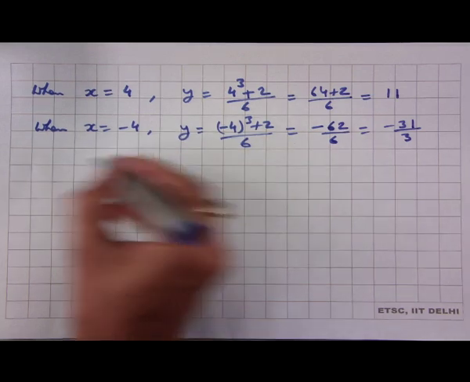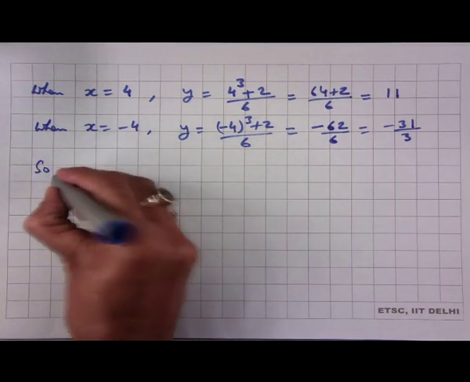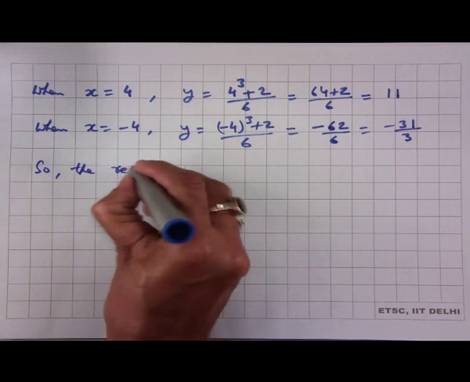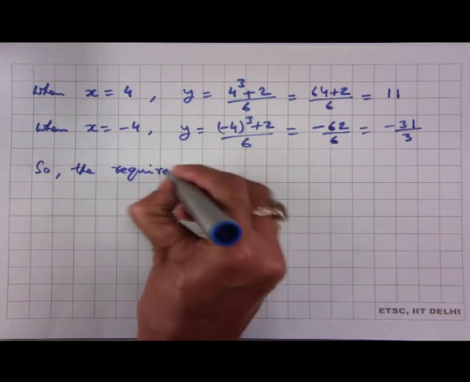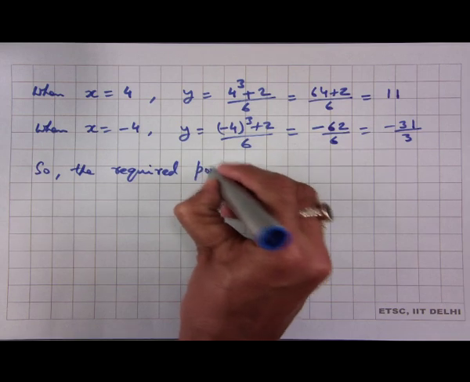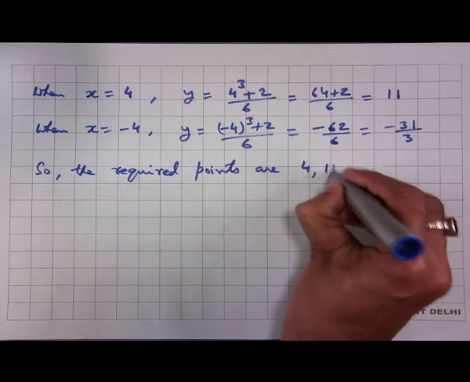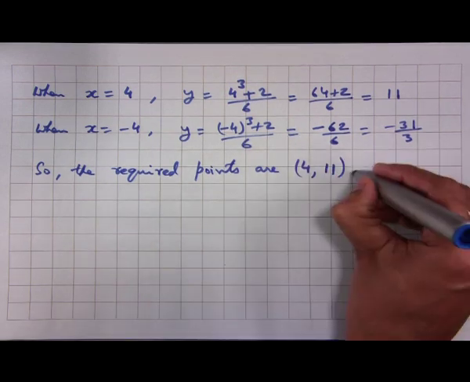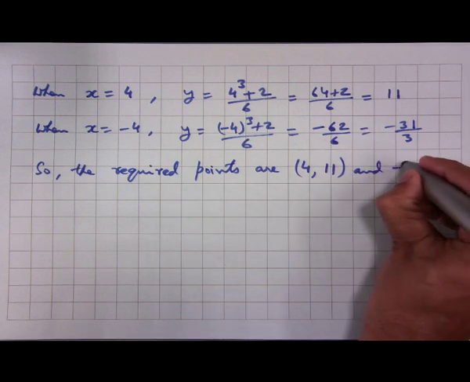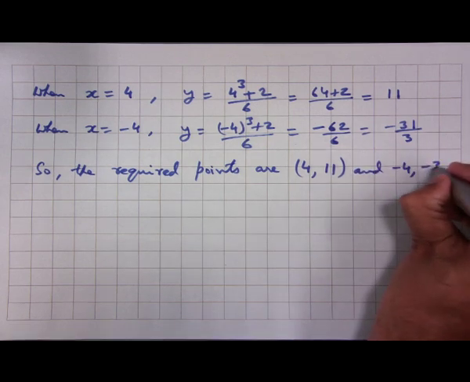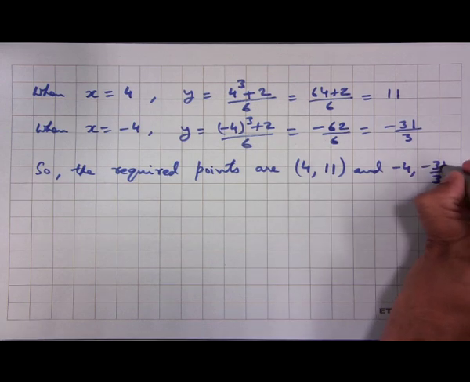So, the required points are (4, 11) is one point and (minus 4, minus 31 by 3) is another point.